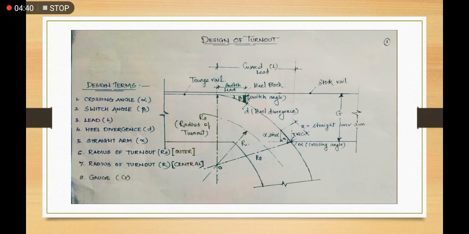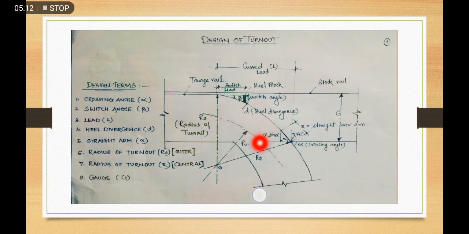Now after that, it is the radius of turnout. Radius of turnout has two types. One is the radius for outer curve, second one is for central curve. Here you can see R0, it denotes the radius for the outer curve, that is exterior turnout. Then an imaginary line that is passing through the center of the track here.